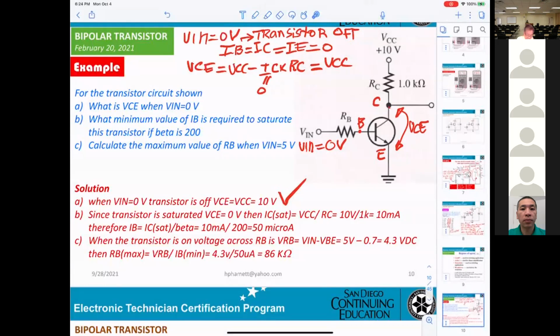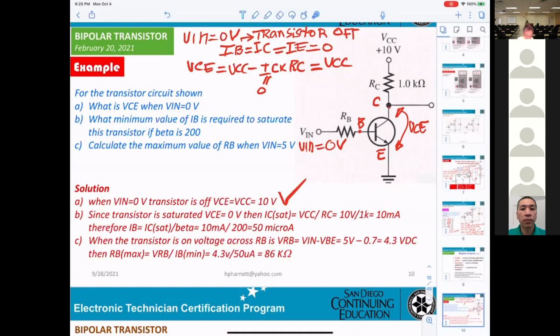So you can calculate the current IC saturation, which will be equal to VCC divided by RC. 10 volt divided by 1K, you get 10 milliamp. Therefore IB equals IC divided by beta.